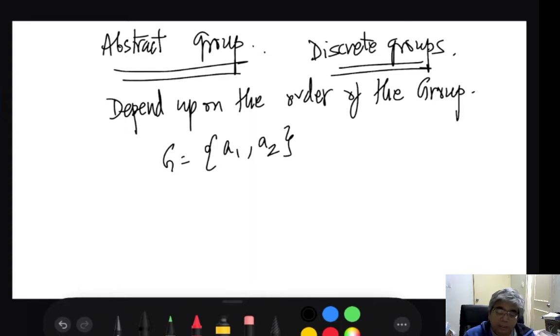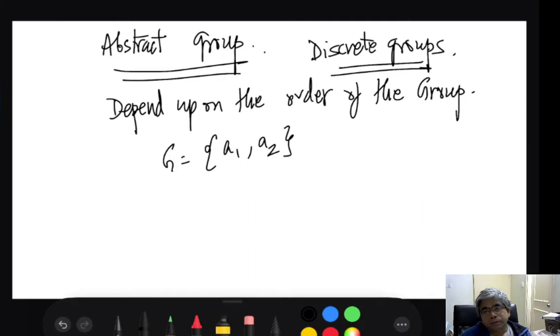And then you also have identity and inverse. So all these properties have to be satisfied by this discrete group. In this case, what are the options you have for the group? For example, if you just take them to be A and A square, will this work?